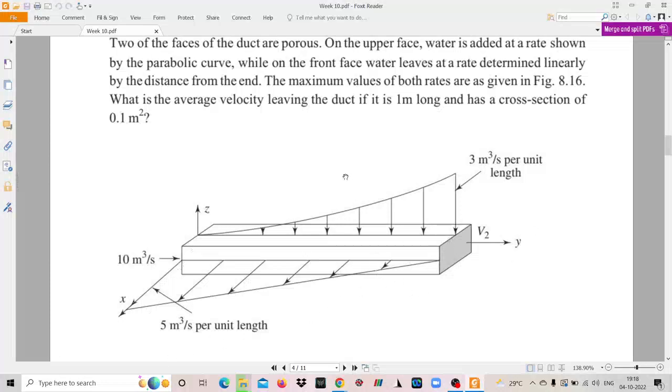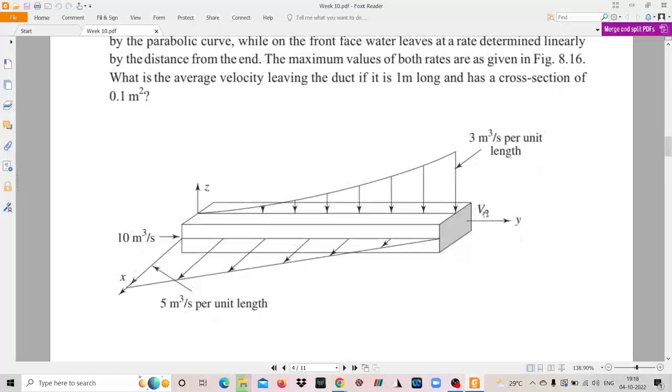Now we have to determine the average velocity v2, the velocity with which the water leaves the duct. It is given that the length of the pipe is 1 meter, and the cross sectional area, it is a rectangle, is 0.1 meter square. So it is slightly unconventional. There is a rectangular duct. At one end water is entering, at the other end water is leaking.